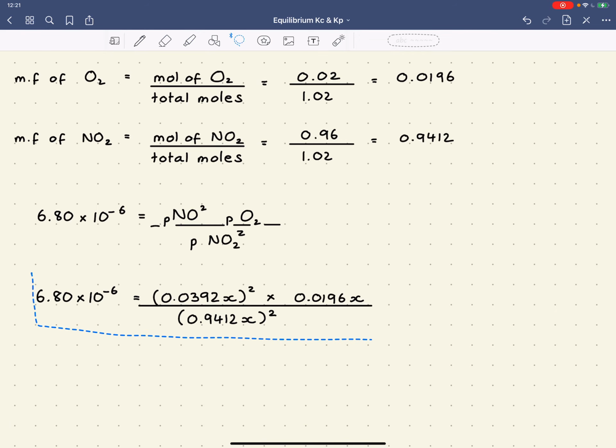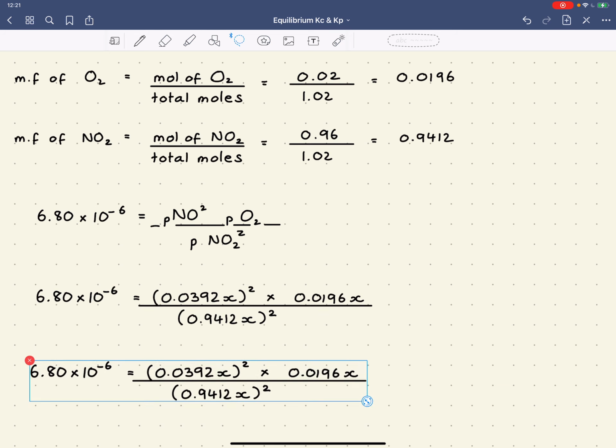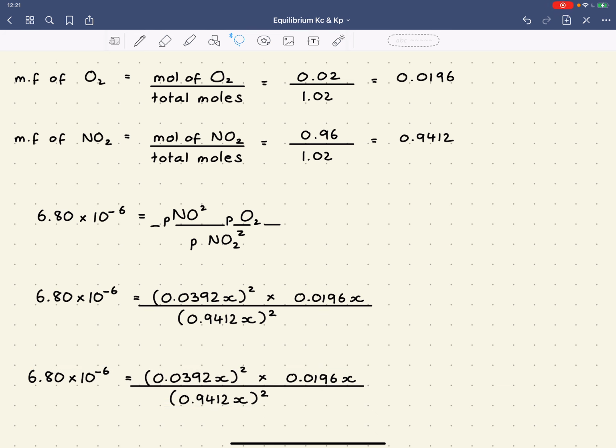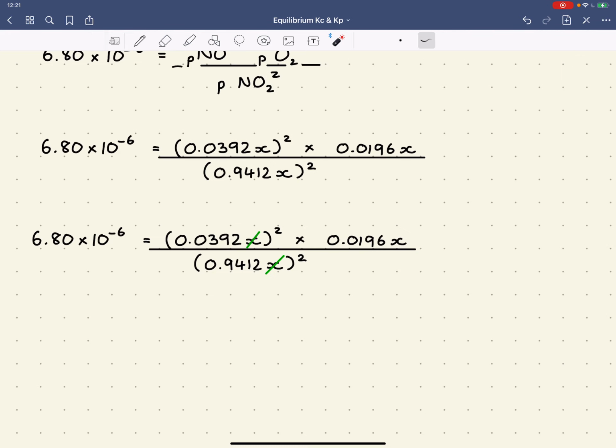So I'm just going to copy this, and then we'll solve for X. The first thing that you need to do is cancel the X's. So we can cancel one of these X's with one of these X's, and that just leaves this 1 X now on its own.